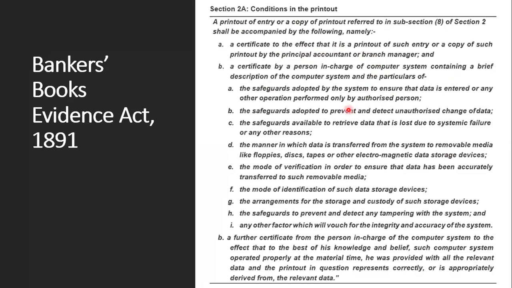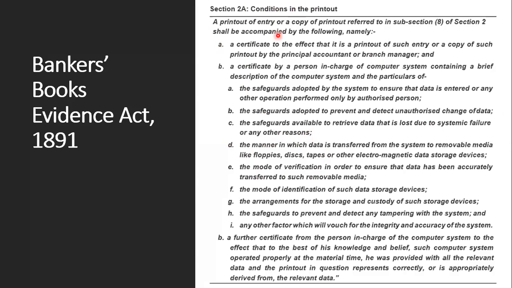There should be a safeguard adopted to prevent and detect any unauthorized changes to data. It means data should not be changed. Plus, there should be a safeguard to retrieve the data. Plus, there should be a mode of identification of such data storage device. So section 2A speaks about all the conditions of the printouts that are acceptable in a court of law, right?